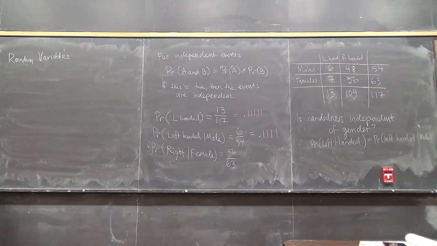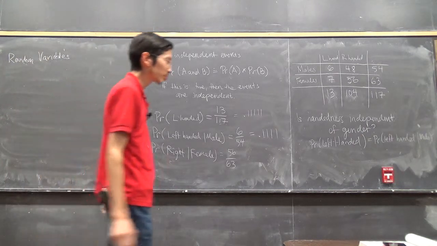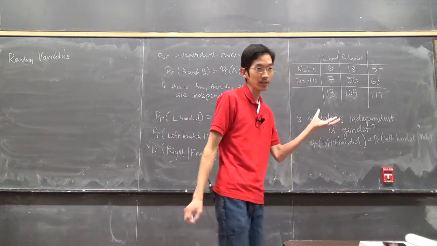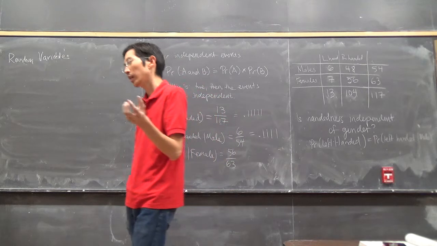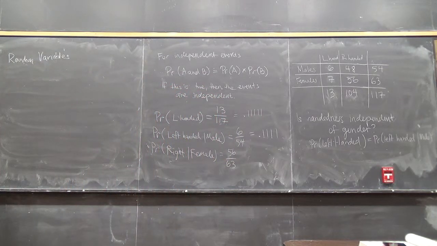Okay. So random variables: we might have a random probability event, but then we express the outcome of the event as a number. If the outcome of the event can be expressed as a number, then that outcome will be called a random variable.